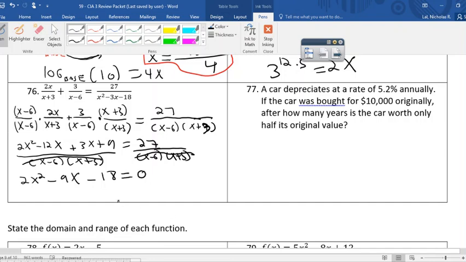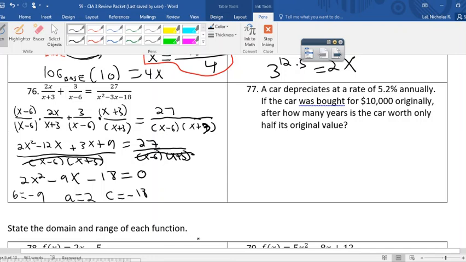At this point, I can find the zeros by either using the quadratic formula or my calculator. I used my calculator for the last one, so let's use the quadratic formula for this one. So b is negative 9, and negative b becomes positive 9. a is 2, and c is negative 18.